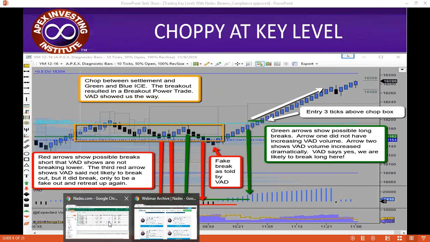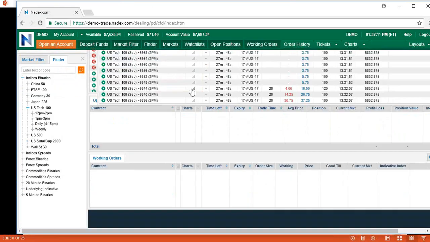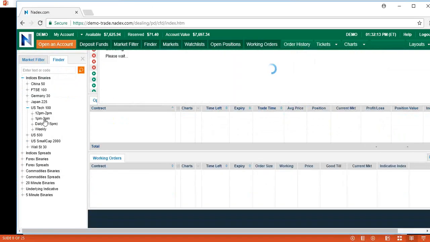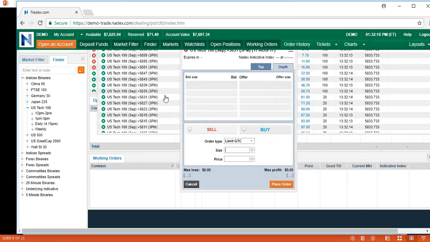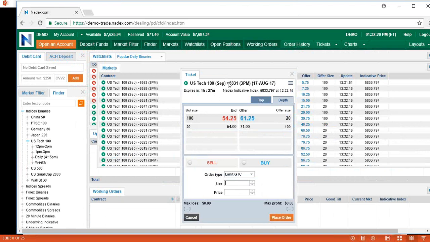Let's look back at the Nadex platform again here. Let's just say this binary right here, where's it at? 58.31 is the binary. The market's at 58.33. Let's just say we only had a few minutes until expiration, and during that few minutes, the market decided to do a little pullback.